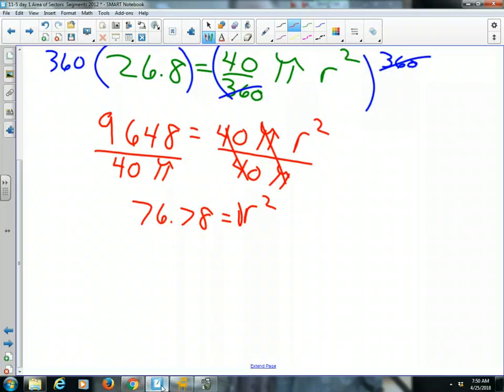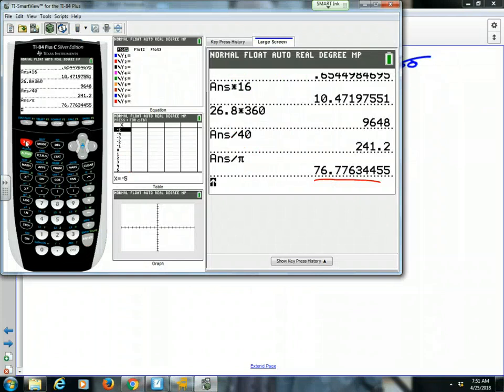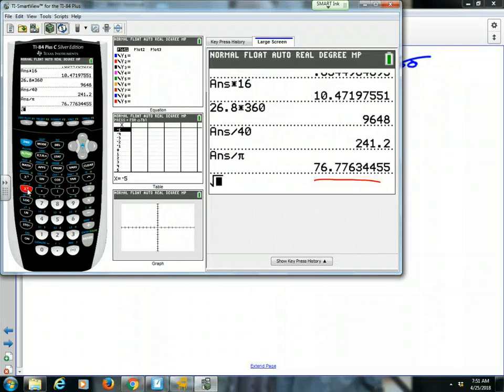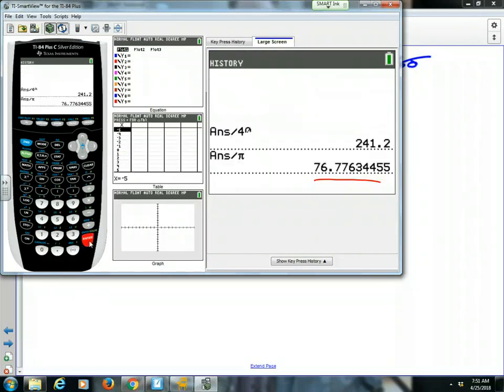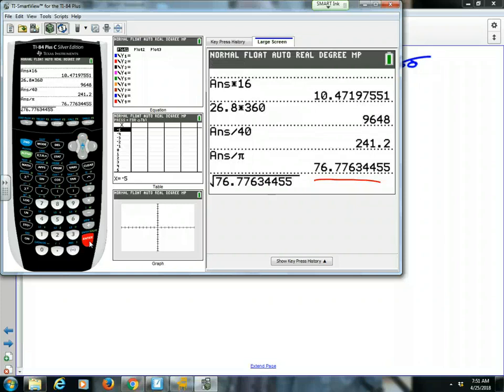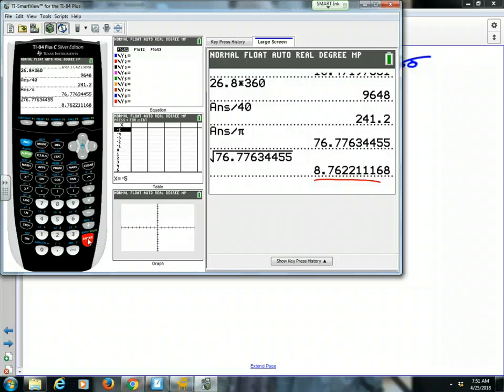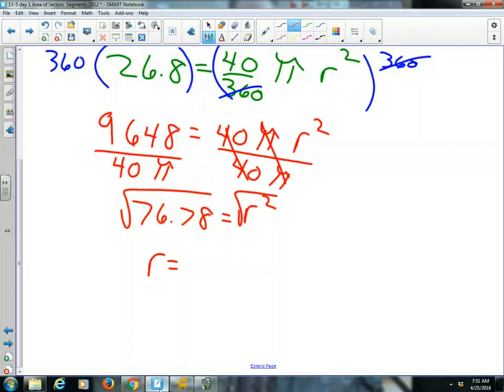So how do we get the radius? We square root both sides, of course, right? So the square root of 76.78, so on and so forth, is our radius, 8.76. Our radius is 8.76.